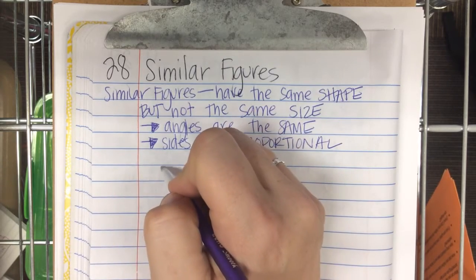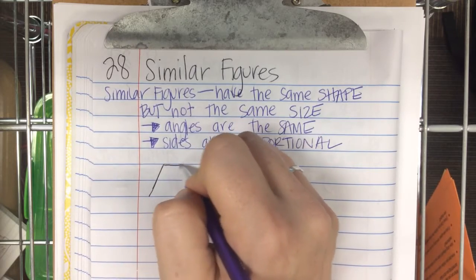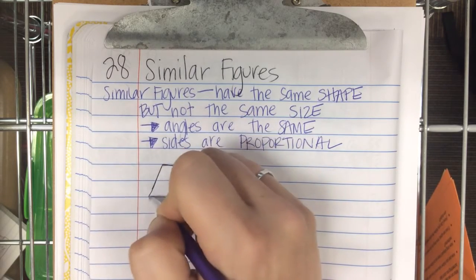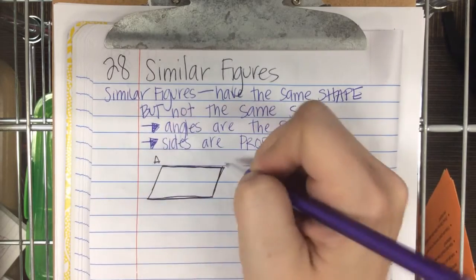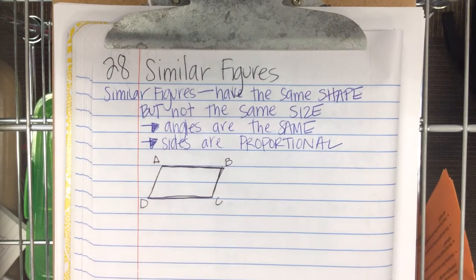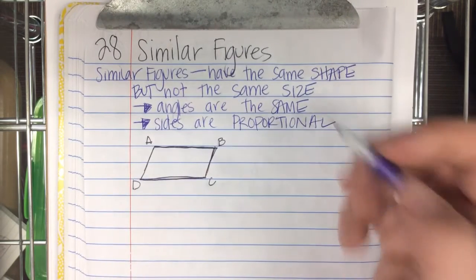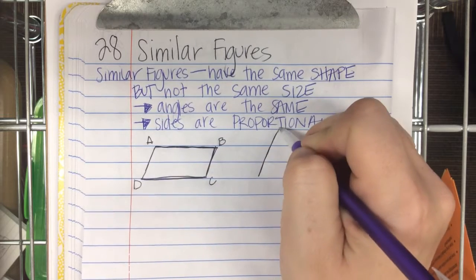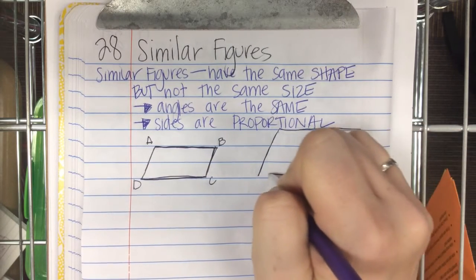So let's draw two parallelograms. Equal fractions, like what we've been doing. This is A, B, C, D. And then guess what my next one's going to be? No, that would mean it's the same one.